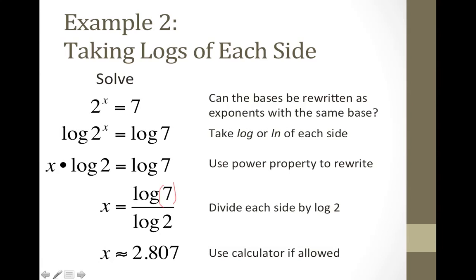A lot of times the calculators will set up and they'll put log open parentheses. You'll type 7, but if you don't close the parentheses before dividing, you're going to get a different answer. So just pay attention to that and make sure you're doing this carefully.